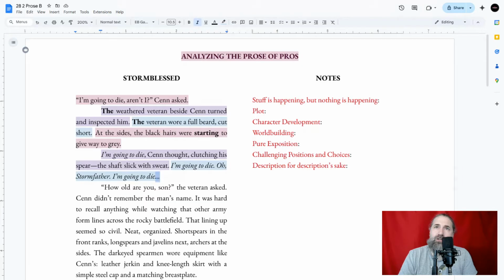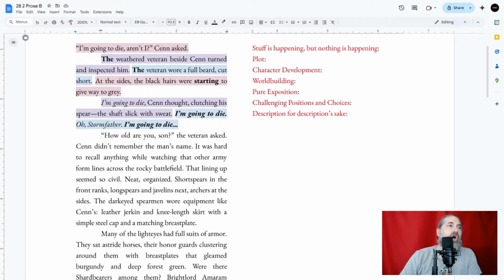Also, in writing, you'll hear, you're wasting too many words. All he has to say is, "I'm going to die, oh Stormfather," right? But you need this second thing. So sometimes you've got to trust your instincts, because somebody might say, oh, it's too much. Speaking of too much, here comes a big chunk.